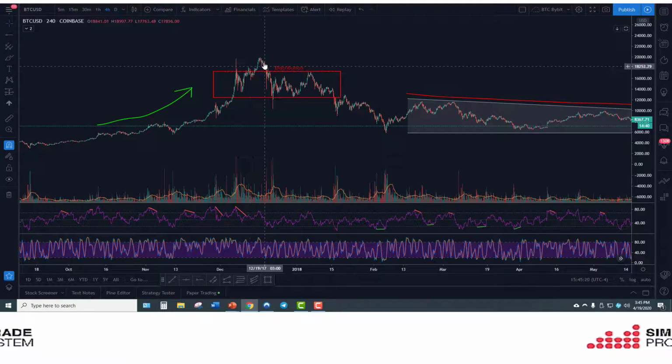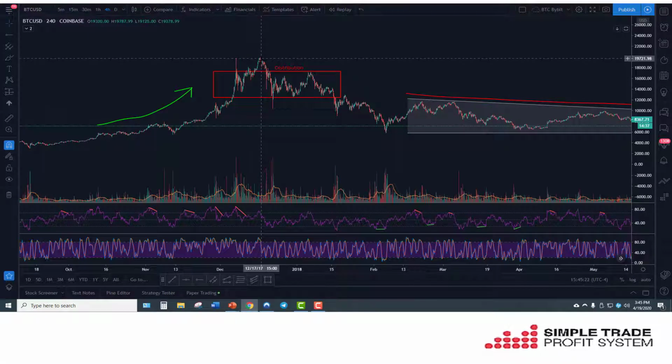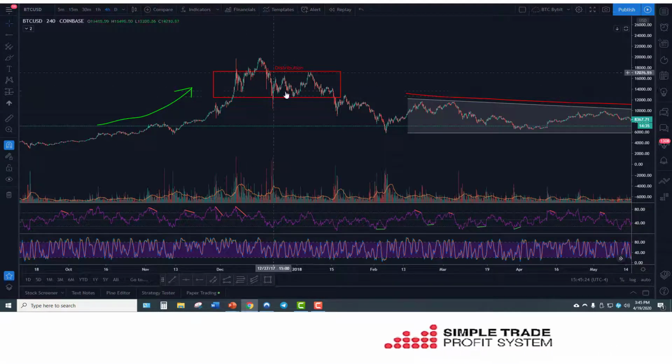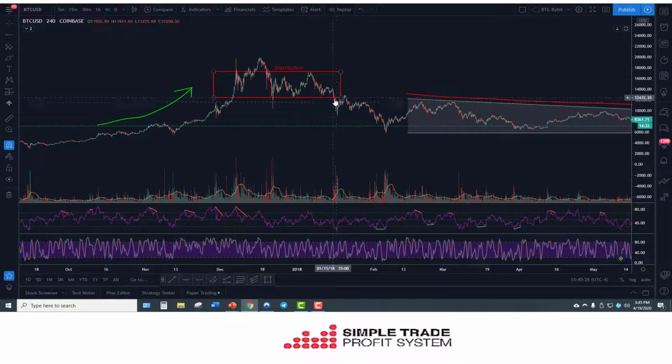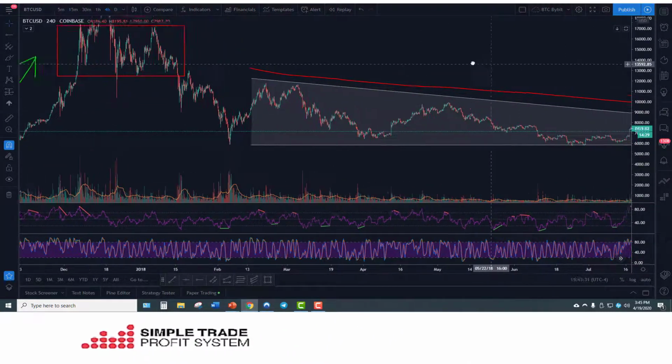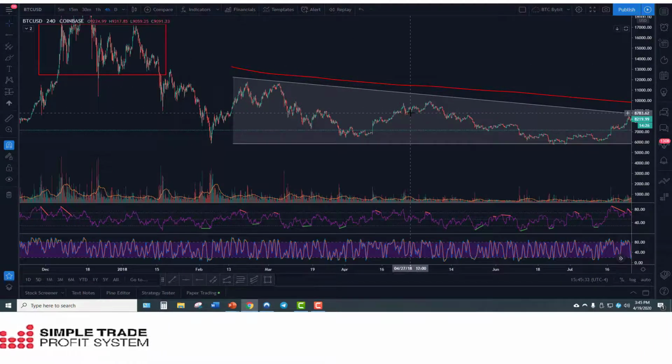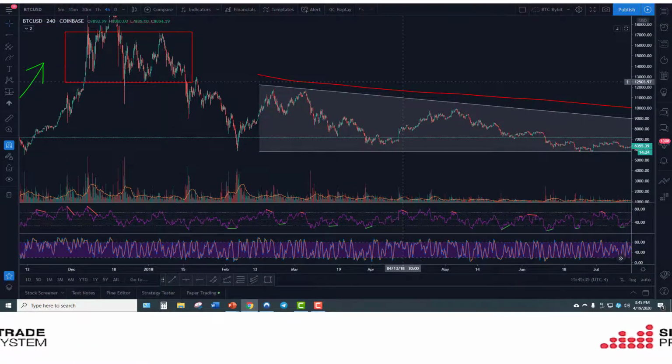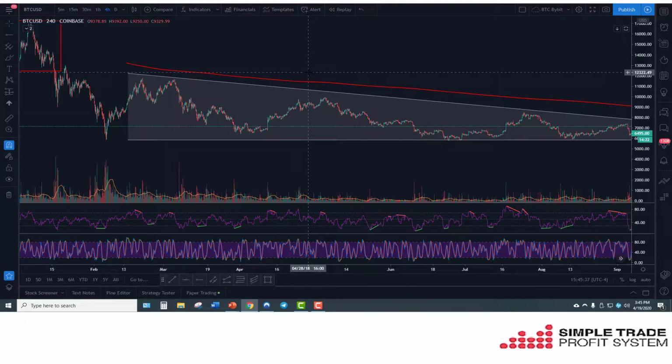We had the spring area that failed to continue higher, came back down into our range before breaking out and continuing lower. And like I said, even in the distribution phase of the downtrend, we see there's patterns in this as well.